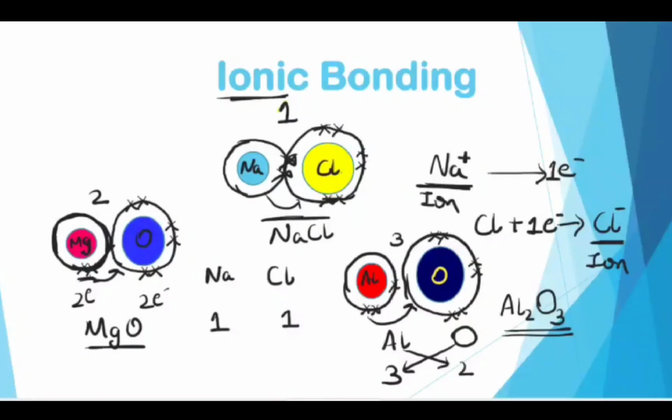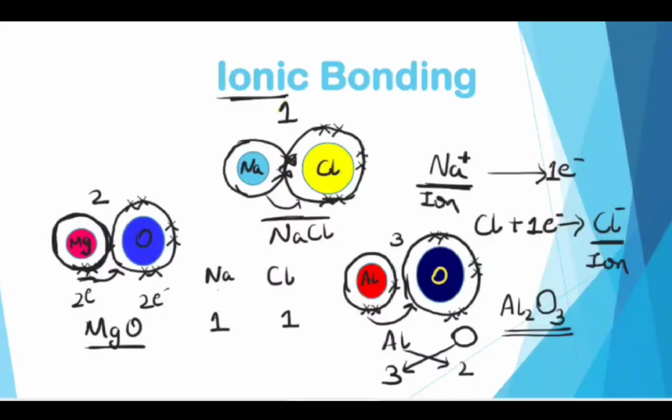Remember the definition of valency: where the atom is willing to accept, donate, or share electrons. So chlorine is willing to accept 1. It is difficult for it to give out 7. Rather, it accepts 1 and attains stability. So the valency of chlorine is also 1.